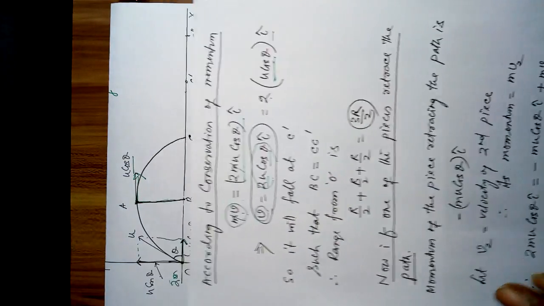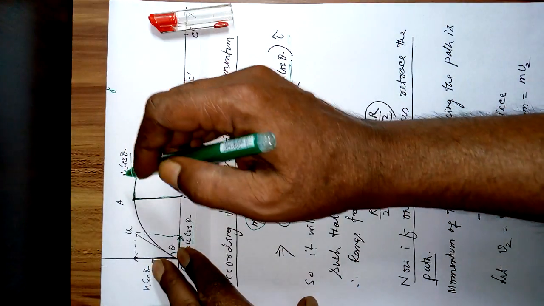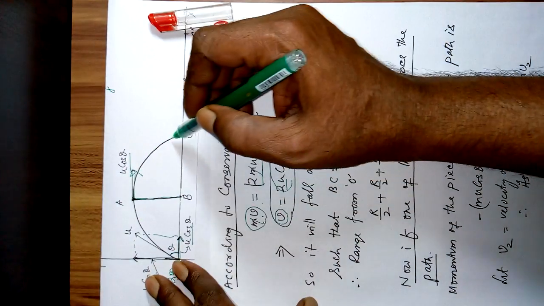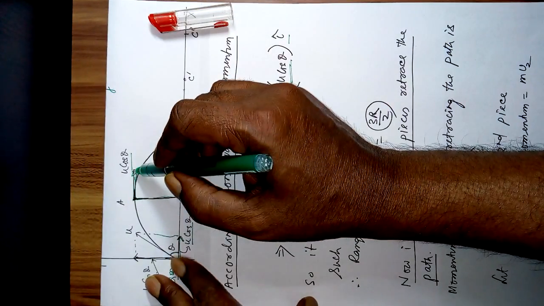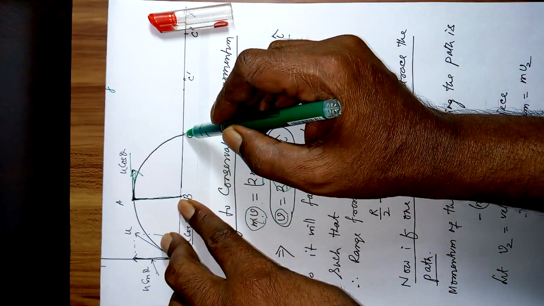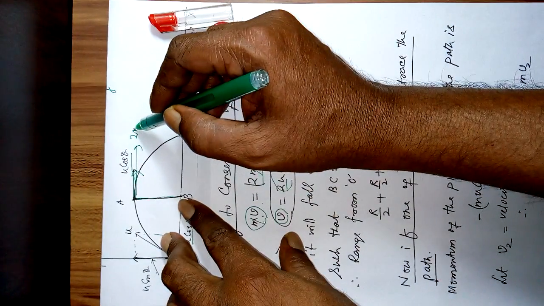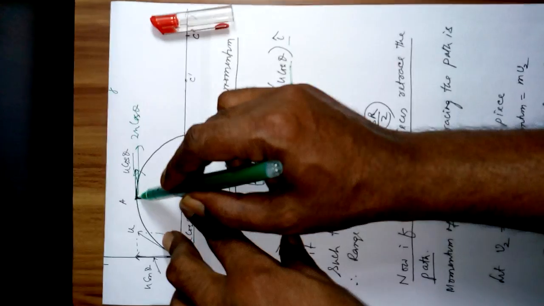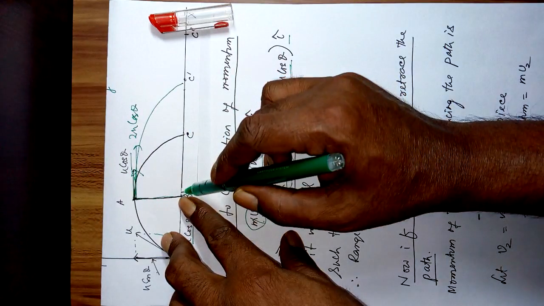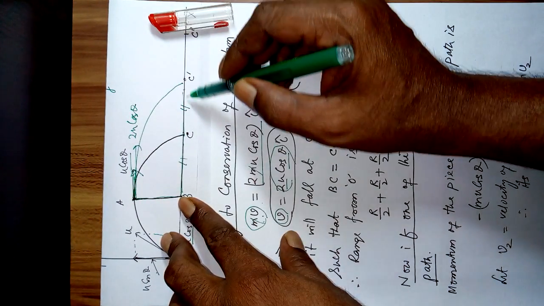Now look, when it was traveling like this, it was falling here. Due to u cos theta, it was arriving here. Now the second piece has a velocity 2 u cos theta. So it will arrive at a distance twice of BC, that is at C dash.